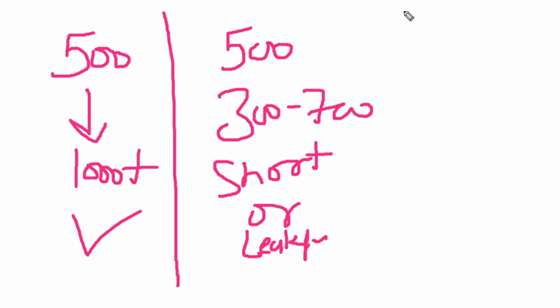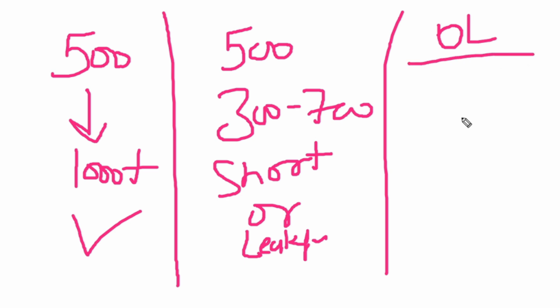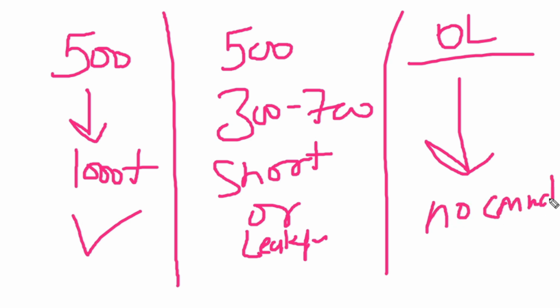The third scenario, you did not get any value, I mean to say OL on a forward bias and also a reverse bias. That means there is no connectivity. It means this line is open. First, apply these steps to confirm where the fault is.